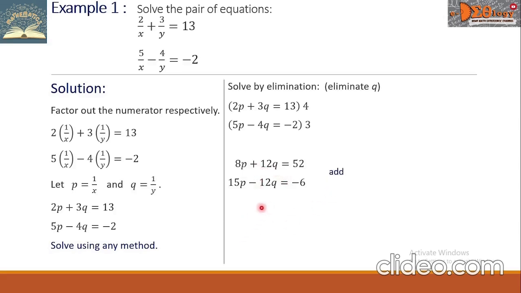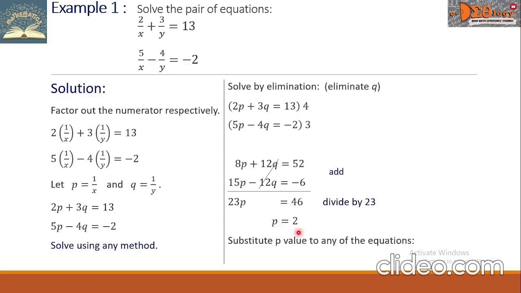When we add now, the q variable is cancelled out. Then 8p plus 15p equals 23p equals 52 plus negative 6, which is positive 46. From here, let us divide by 23, and the p-value is 2.